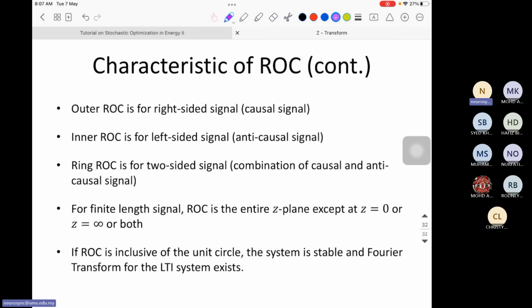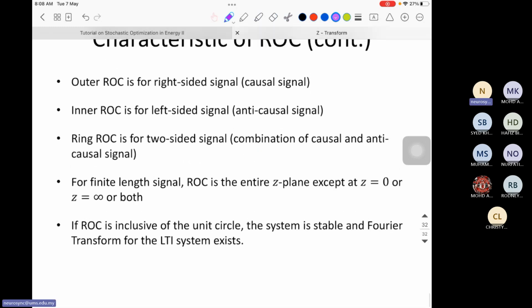Two-sided signal means this exists for positive as well as negative n. For a finite length signal, the ROC is the entire Z plane except Z equal to 0 or Z equal to infinity or both. We have seen yesterday the example on this.